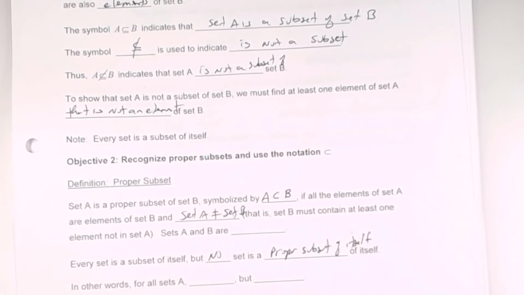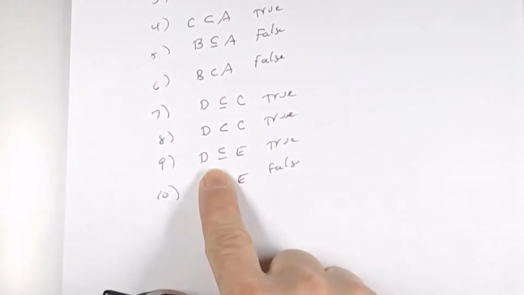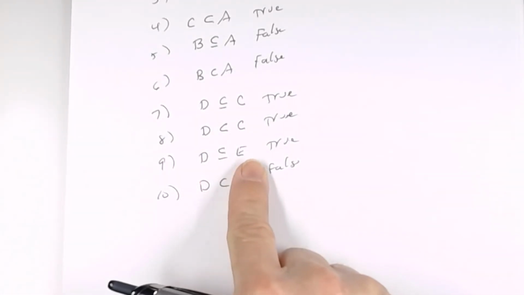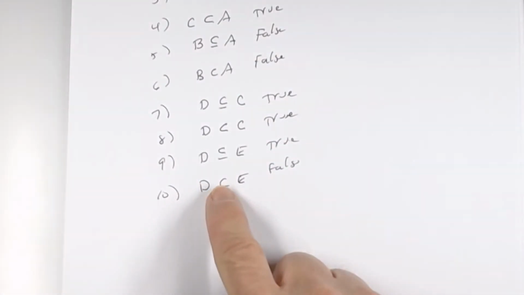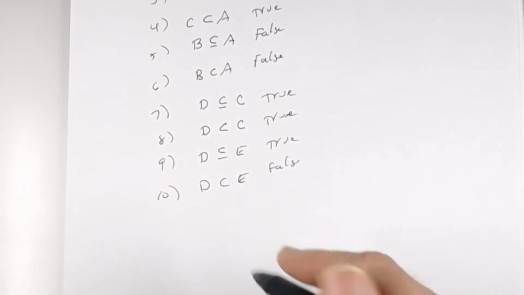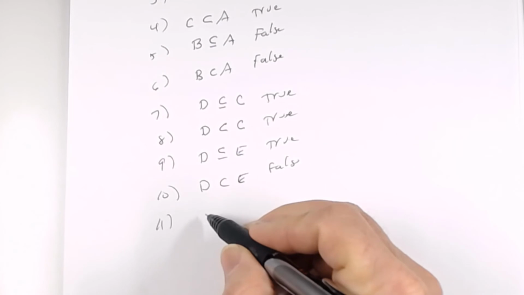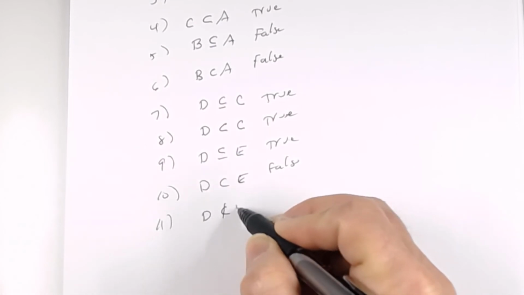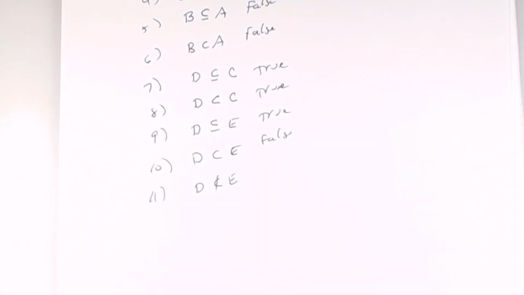So that goes back to what we just did. Remember a while ago, number 9 and 10? So D is a subset of E, but D is not a what? A proper subset of E. Okay? Now, just out of curiosity, I'm going to direct number 11. So D, this. Is that true or false? That's true. Remember, that reads as D is not a proper subset of E. That's a true statement now.